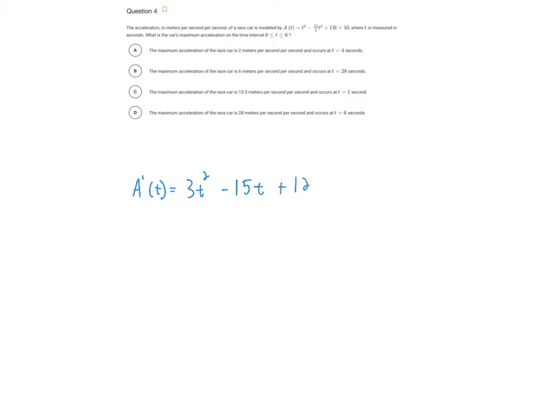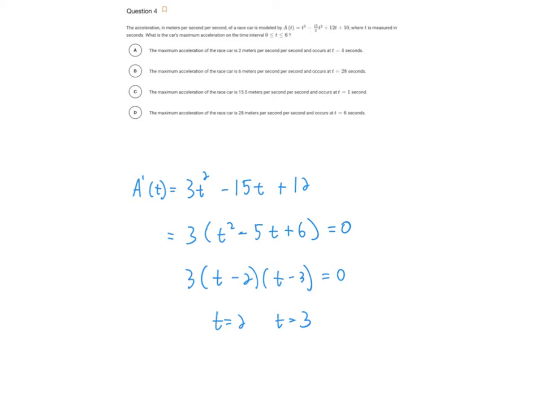Okay, and then we'll set it equal to 0. And then we get 2 critical points from this. All right, and then just off to the side, we'll plug in the endpoints.